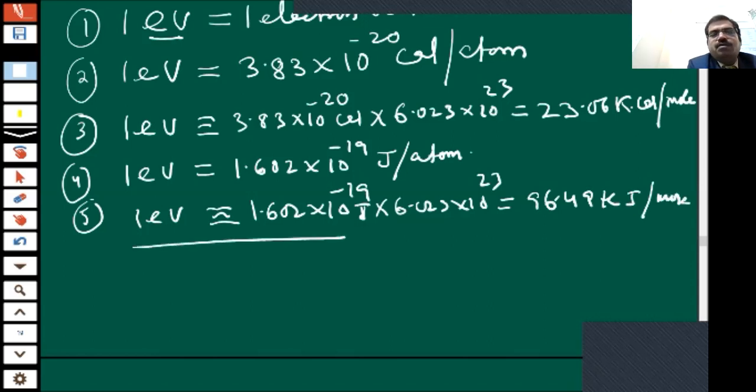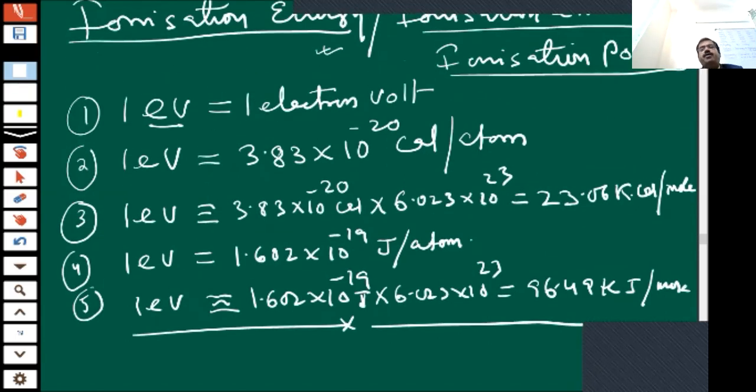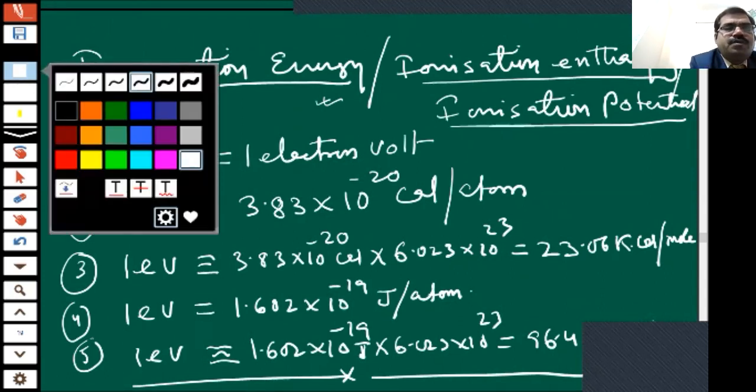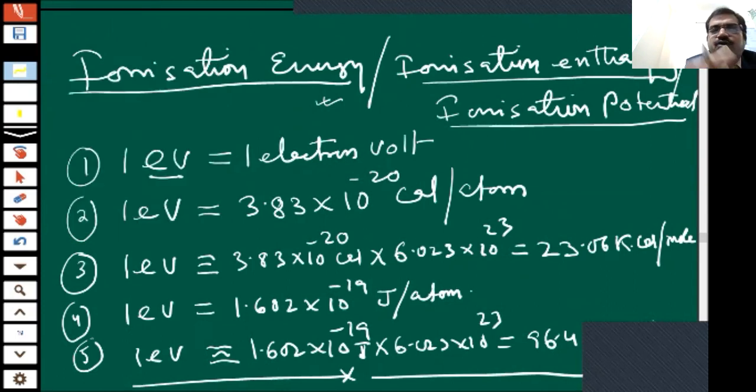So today's task is you have to learn all these 5 points. One is that ionization energy, ionization enthalpy, and ionization potential all are same. Don't worry at all. Now the short forms. Ionization energy we will write IE.